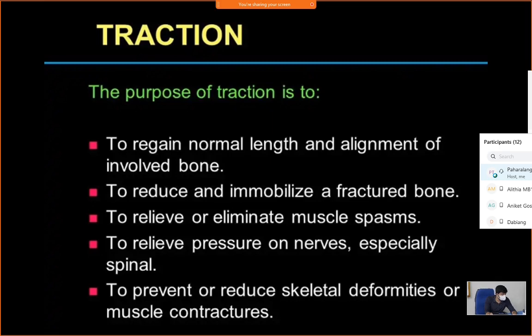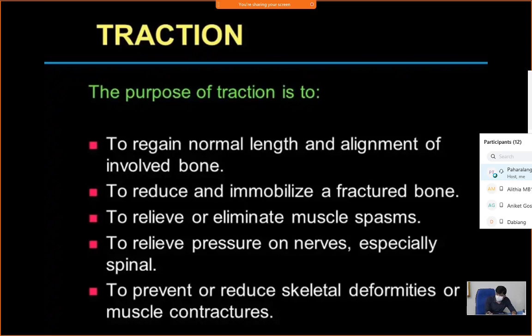So there will be limb shortening, and while doing surgery you have to struggle a lot if you don't apply traction and keep it in alignment. So one function is to maintain the normal length of the limb and alignment by traction.